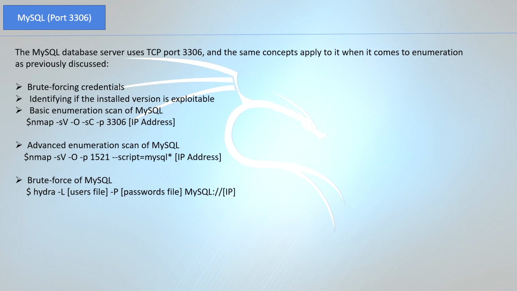The MySQL database server uses TCP port 3306. The same concept applies: brute force, basic enumeration, scan, and an advanced Nmap scan of MySQL, then brute force of MySQL.